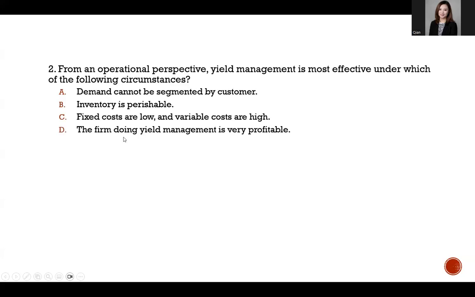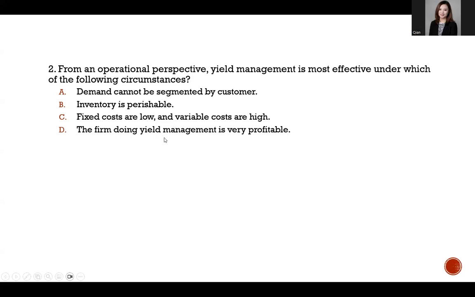And the second question is from an operational perspective, yield management. This comes from chapter 9. Yield management is most effective under which of the following circumstances? Option A, demand cannot be segmented by customers. Option B, inventory is perishable. Option C, fixed costs are low and the variable costs are high.